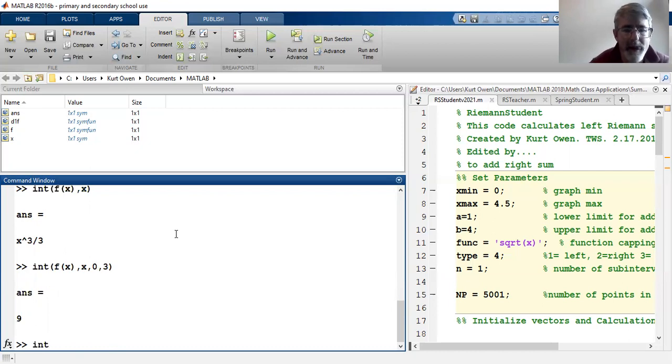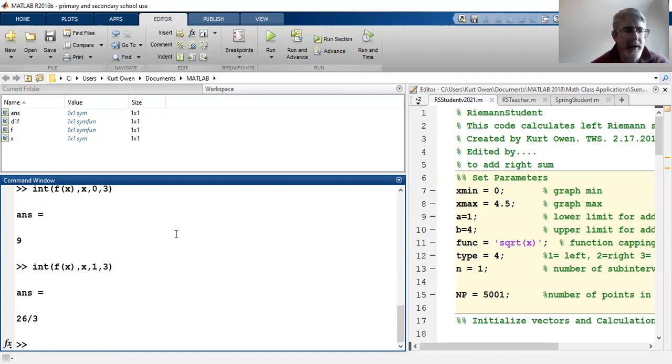If we do int of f(x) with respect to x from 1 to 3, it gives me a fraction answer, 26/3. Notice it didn't give me a decimal for that, which is what I would hope for. That's the exact answer, 26/3, as opposed to 8.6666 repeating.